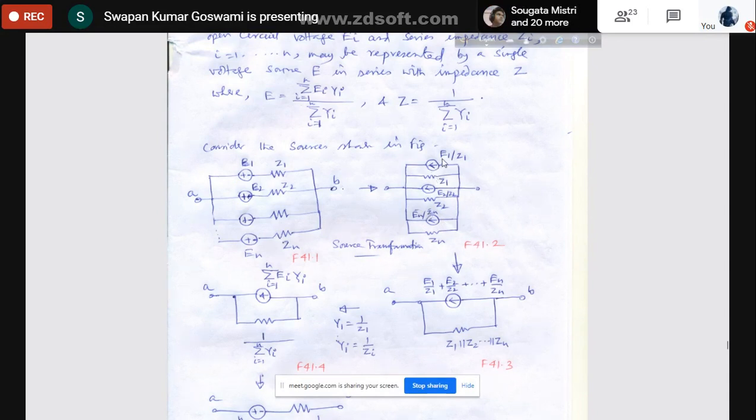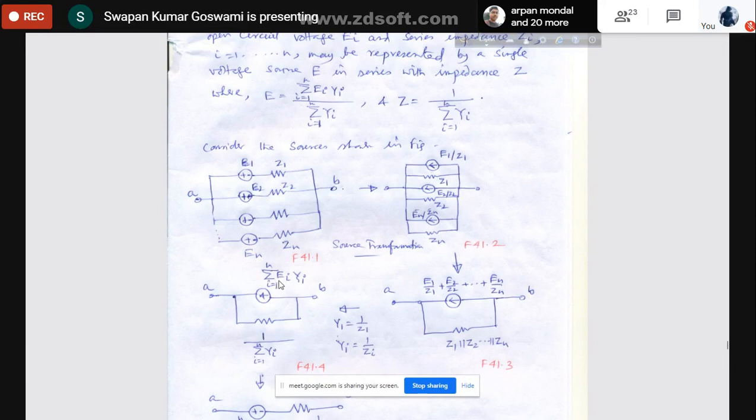E1 by Z1 means E1 into Y1, the inverse of Z meaning admittance, so the summation of Ei Yi will be the resultant current source, the sum of the currents of all the current sources, over i equal to 1 to n.